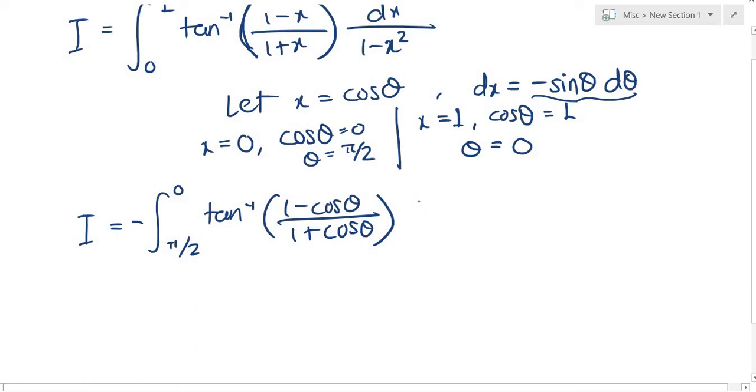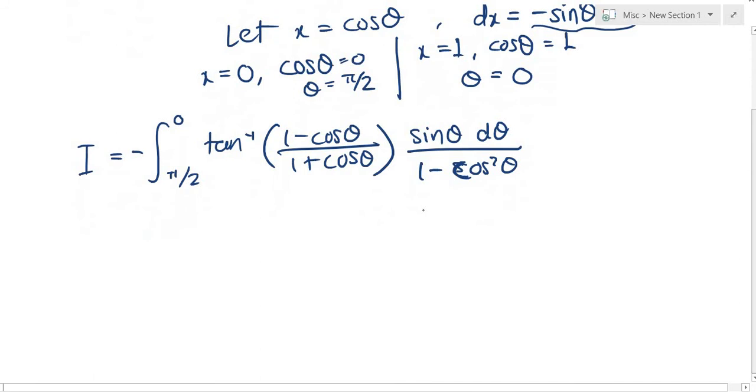We took the negative outside, so we have sine theta d theta, divided by 1 minus cosine squared theta. Now we can suck up the negative and flip the upper and lower bounds of integration. So we have the integral from 0 to pi over 2 of the inverse tangent.